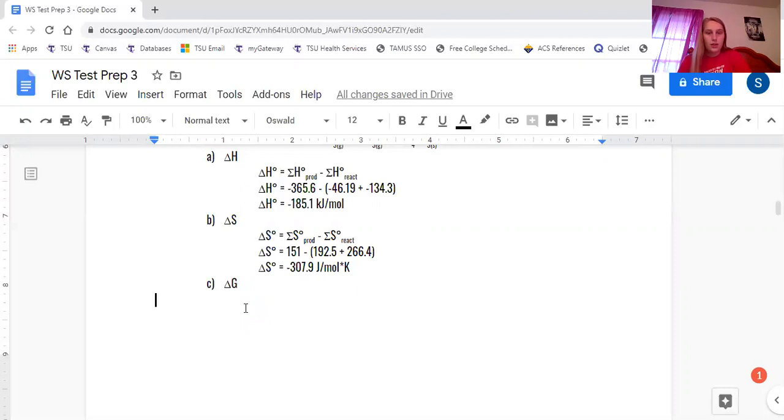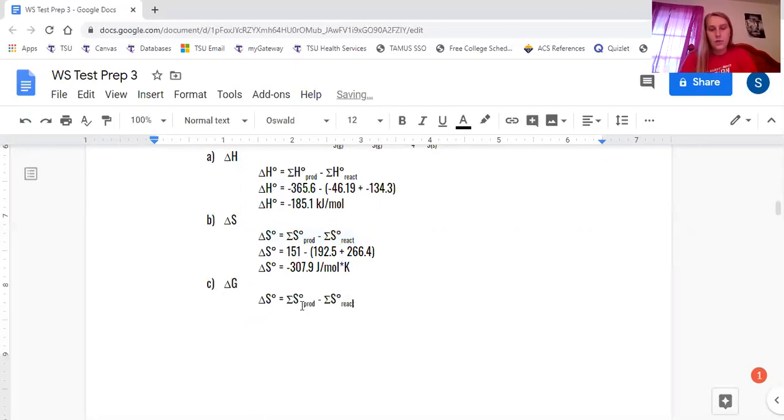Okay, now it's delta G here. So for delta G, we're going to do the exact same thing once more. Go get our values from the table, solve those.